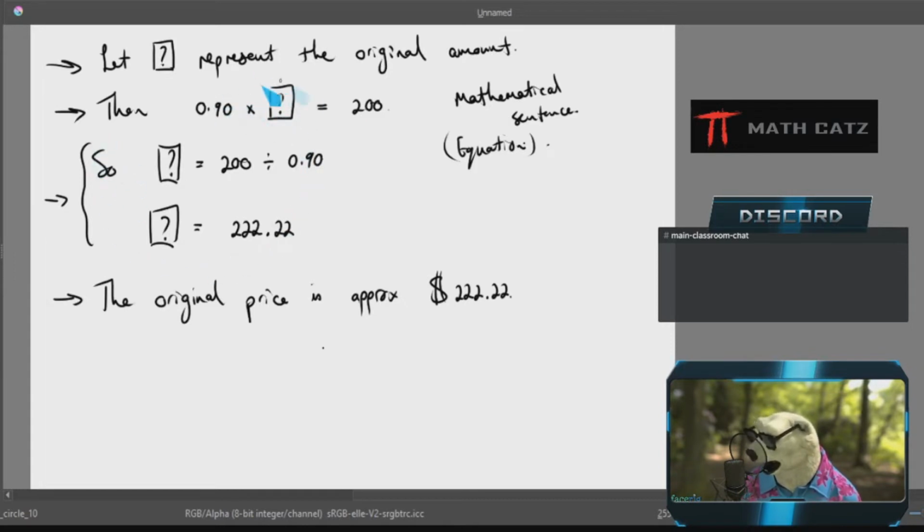Then I look at that equation and I rewrite it to a point where I can see how I can calculate this unknown number. I then calculate it. And then because my original problem was presented in English sentences, I finish by phrasing my answer in that original language. So we'll always look at these 4 steps when it comes to word problems.